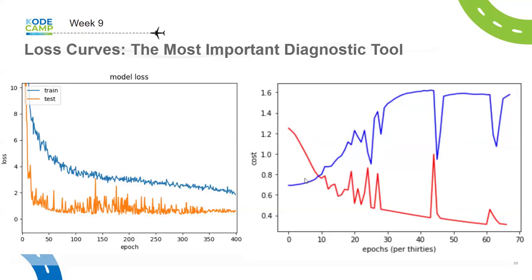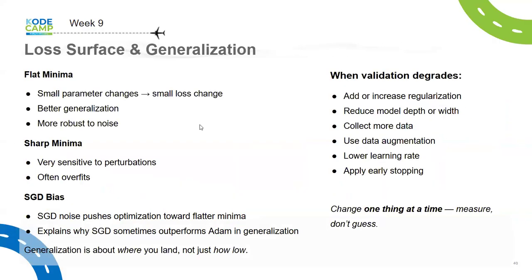There is a bug in the code, and maybe the sign is being flipped. And most likely it's a sign of this blue one, maybe the test or training loss. So you would have to go and check how you are calculating those values.